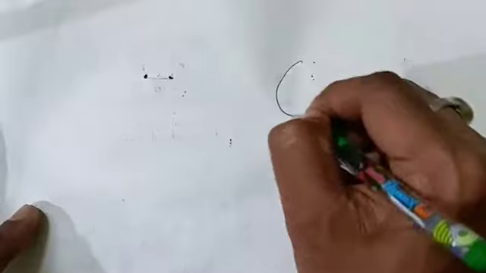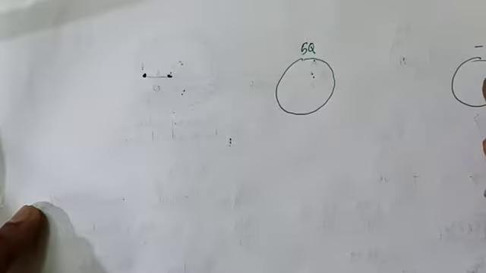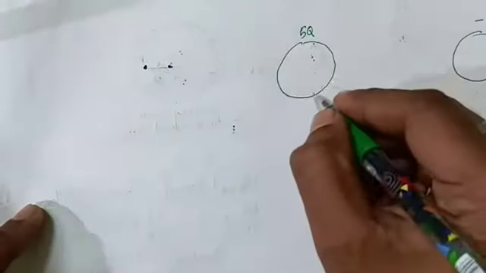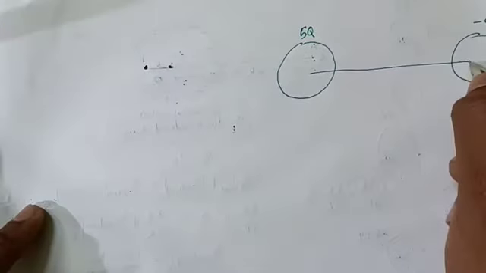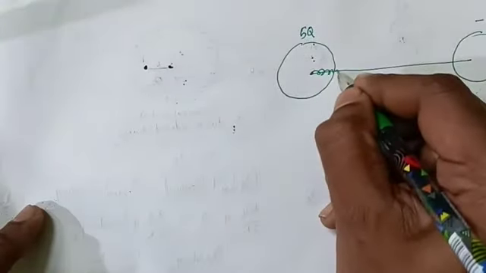One more illustration I want to make so that students can easily avoid mistakes. I will consider this is my spherical conductor, this is another spherical conductor, and here it is 5Q, here I will consider plus Q. They are connected through conducting wires.